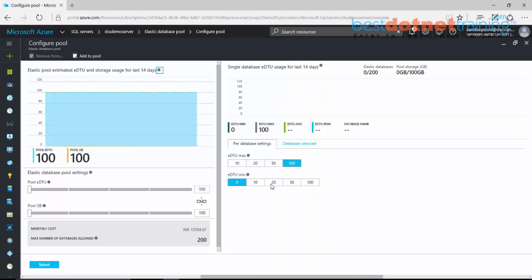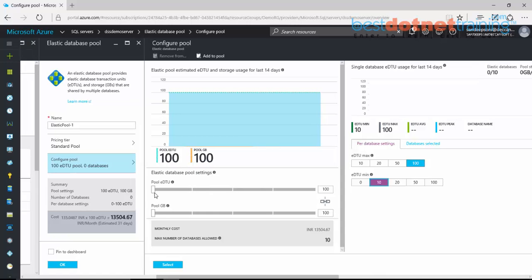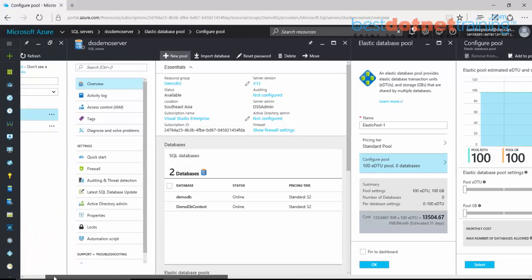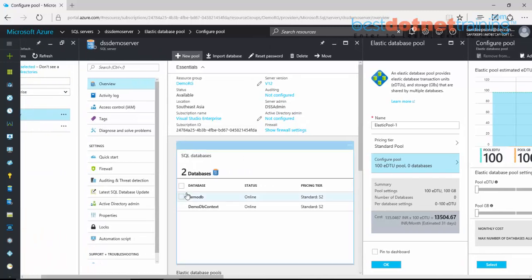You can specify the minimum number of eDTUs and the maximum number of eDTUs which your database would need at any point of time. Pool eDTUs, of course, can all be based on the usage which will be listed here. So what we generally do is, first we have the elastic pool created.